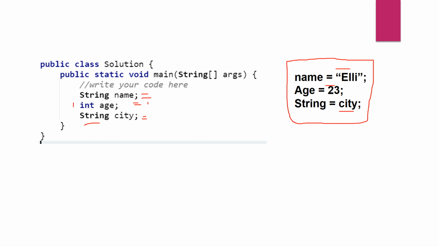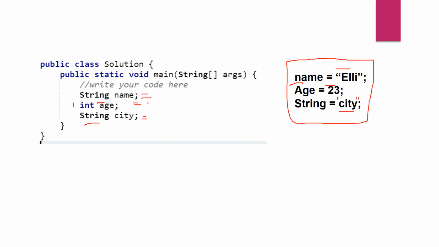Actually there are two errors. One error is that the string should be inside double quotes, and another error is this. Here the A is capital, but in the declaration the A is small, so we have to write both variable names the same.